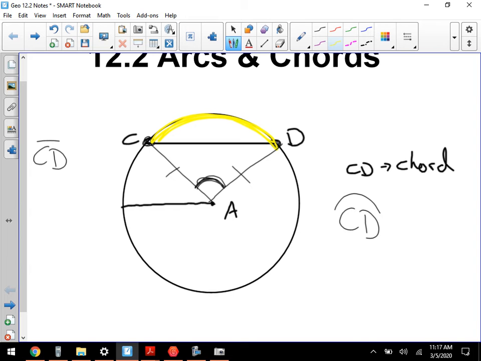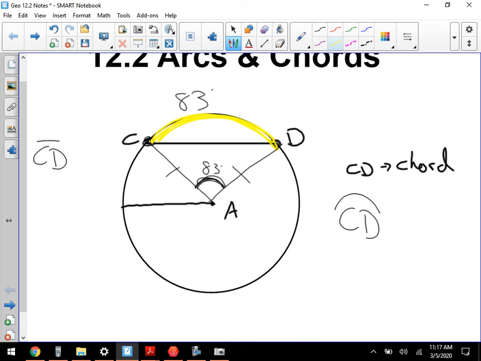So if, let's say, angle A was 83 degrees, what would arc CD have to be? 83, right? Because that was the relationship between them. Okay? That still holds true.